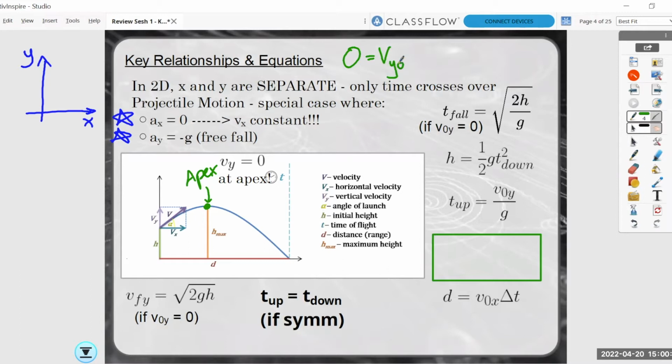If I set up my first kinematics equation, my final y velocity at the apex is 0. My initial is whatever it is, minus gravity times time. So I can solve pretty quickly that the time it takes me to get up to my apex is going to be my initial y velocity divided by gravity.